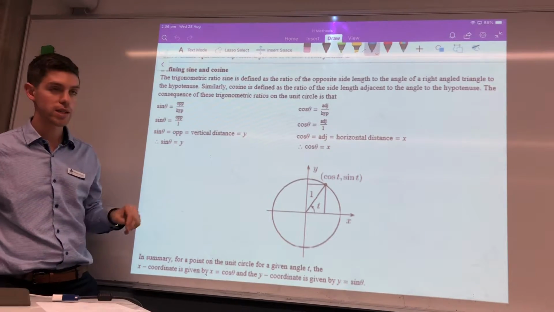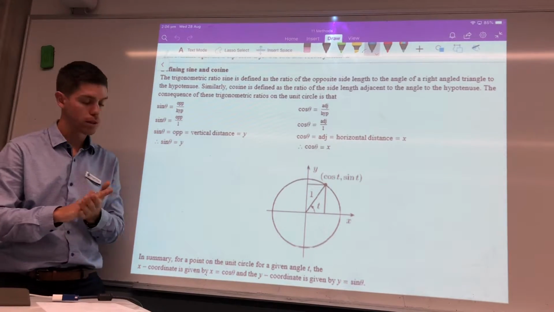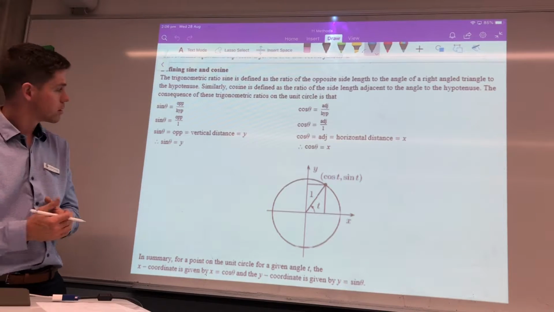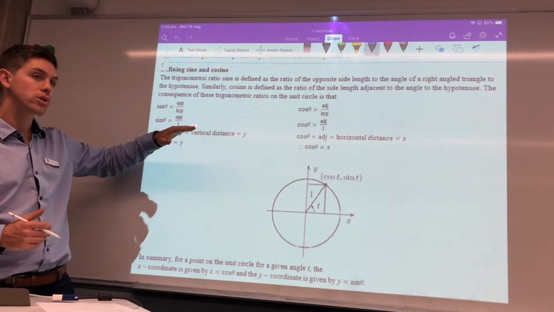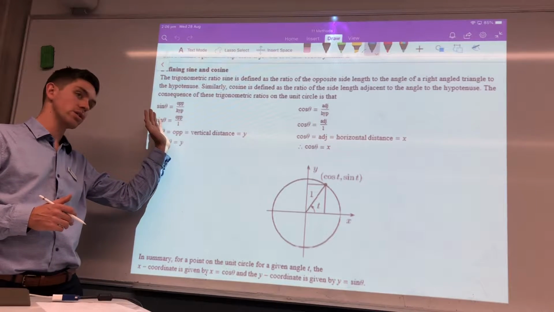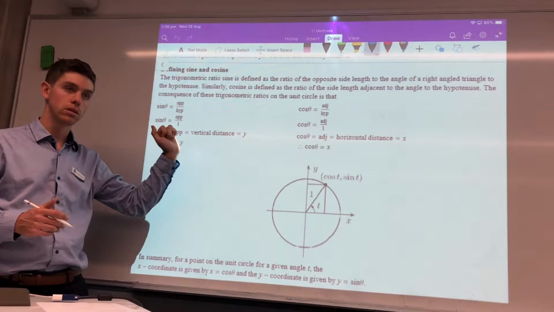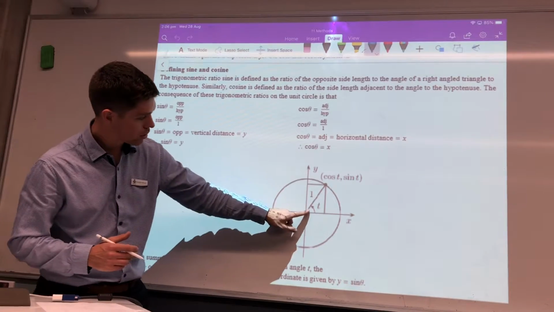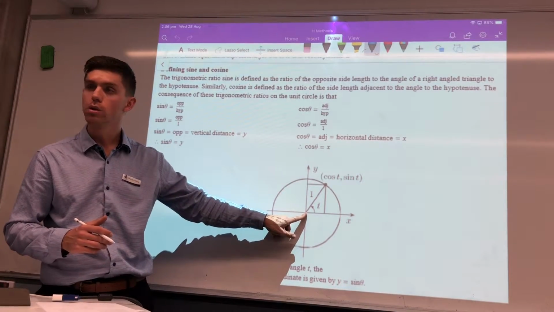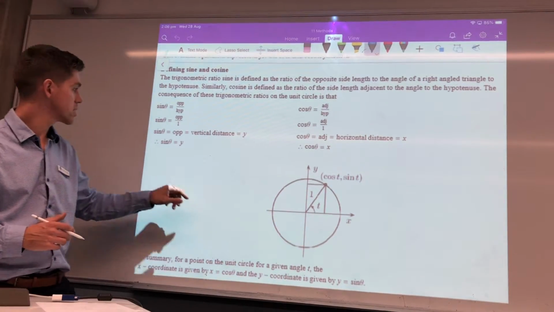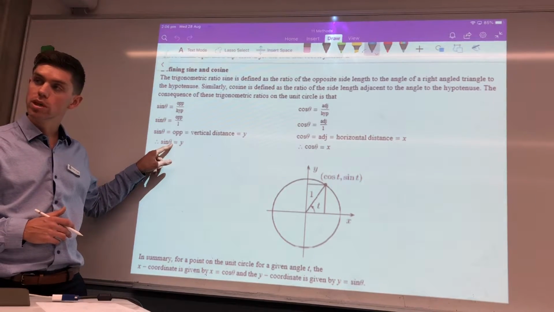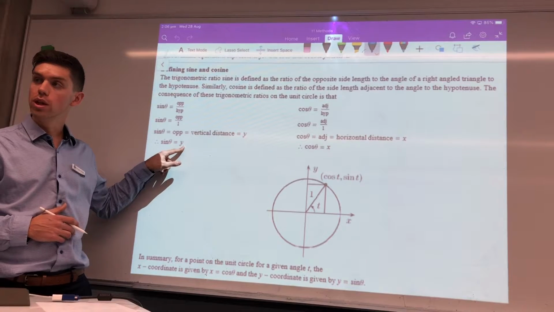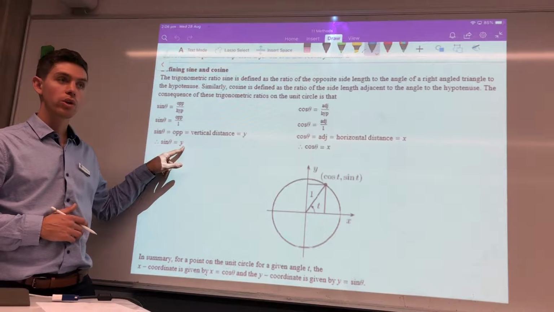The consequence of these is that in the unit circle, the hypotenuse of the triangle is always 1, which means that our sine function for the unit circle, sine of whatever angle is given, is equal to the y coordinate.